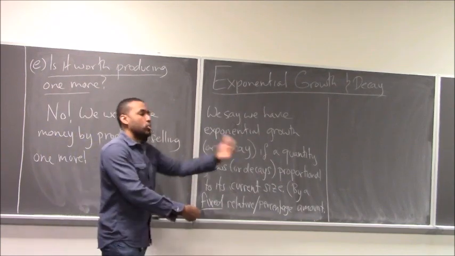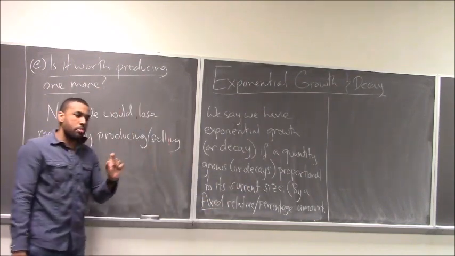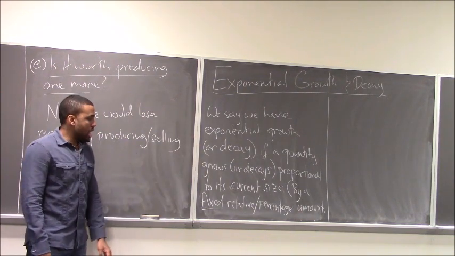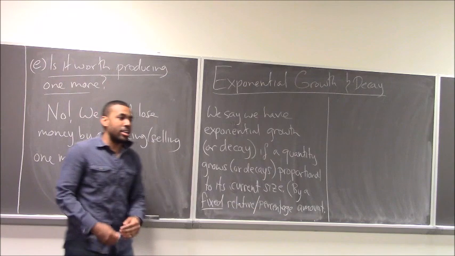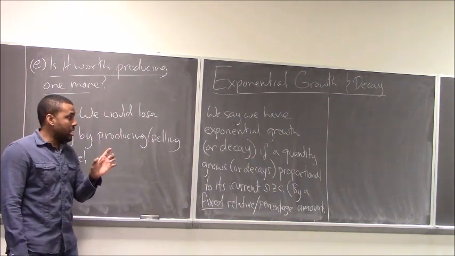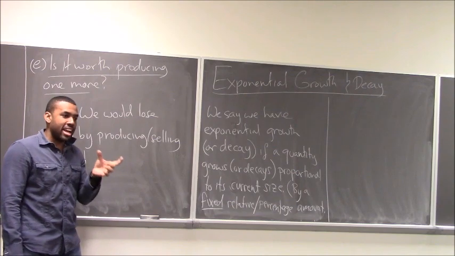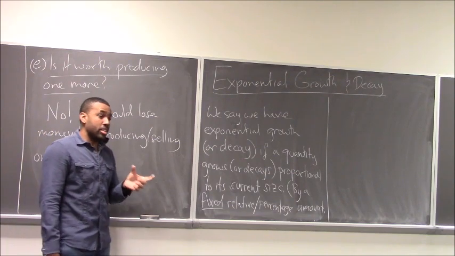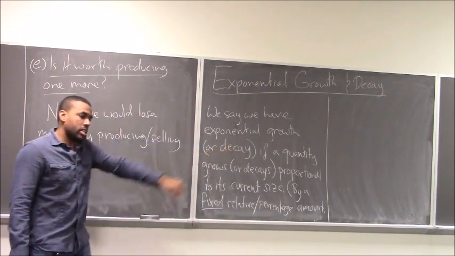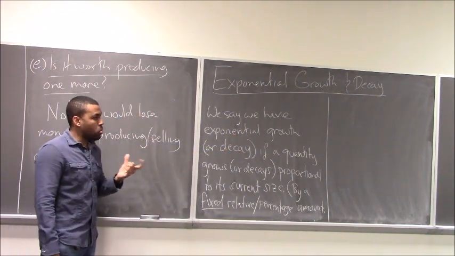Add another mile, add $2 to the bill. You're adding a fixed amount. When you have exponential growth, that's not how it works. You add a fixed percentage amount. So you add a certain percentage of what the current amount is. And so the value of what you're adding actually changes over time. It tends to increase in the case of growth or decrease in the case of decay, but it grows by a proportion of the current size.